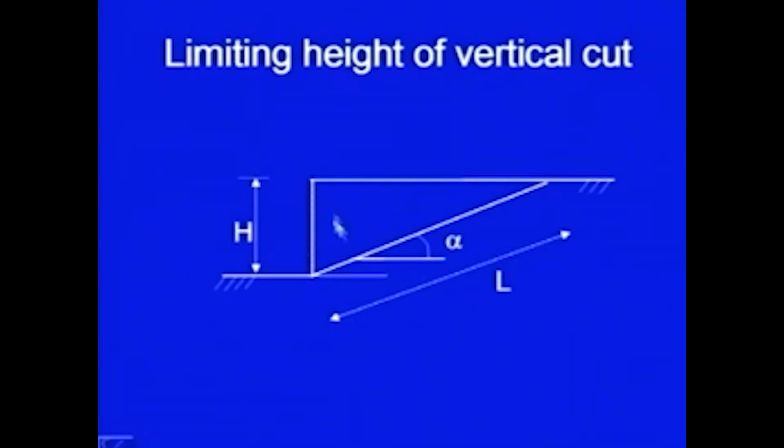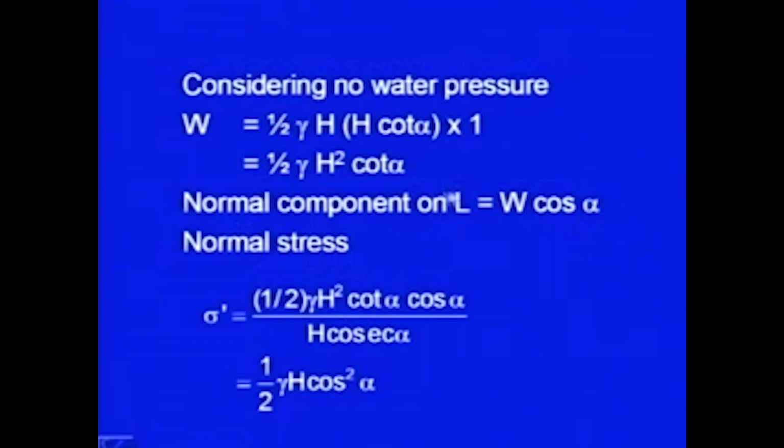So, the area of this wedge will be half into h cot alpha, and from that you can get the weight. Weight will be volume, and we are assuming 1 meter distance perpendicular to the plane of paper. So, weight will be equal to half gamma h square cot of alpha.